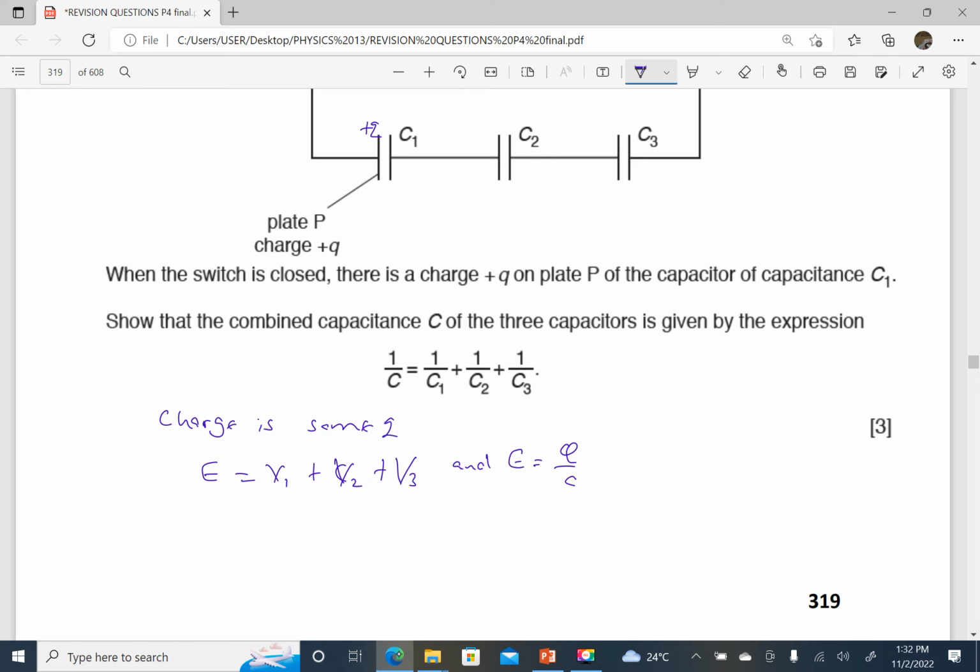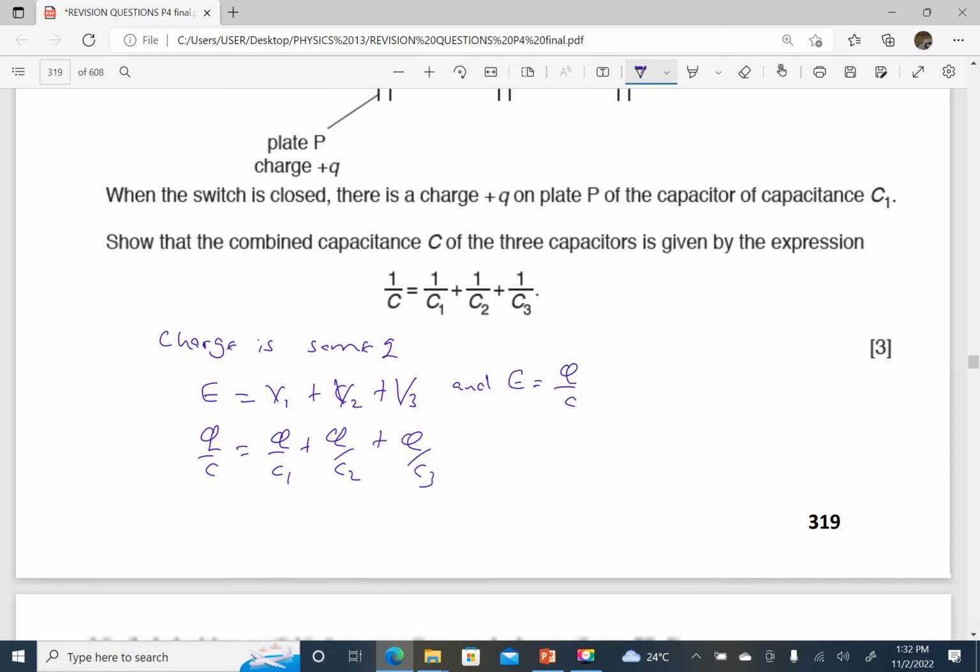So we shall say Q over C is going to be Q over C1 plus Q over C2 plus Q over C3, which when we factor out Q, 1 over C1 plus 1 over C2, Q cancels out.